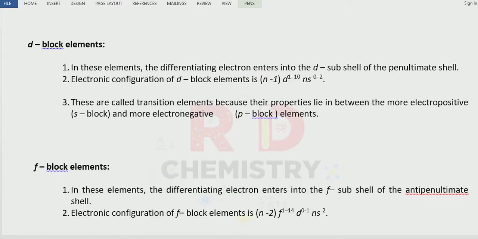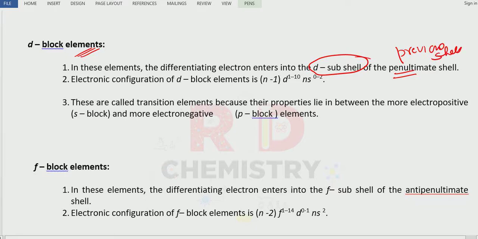The D block elements, here the last electron enters into the D subshell or D orbital of the penultimate shell. Penultimate means the previous shell, inner shell. That's why it is written as n minus 1. n is the outermost shell, n minus 1 the inner shell.